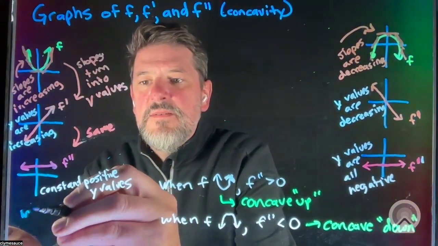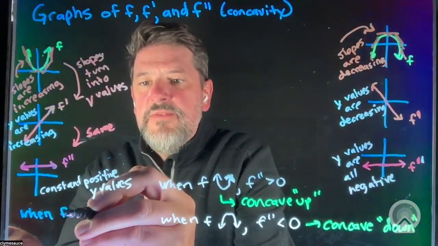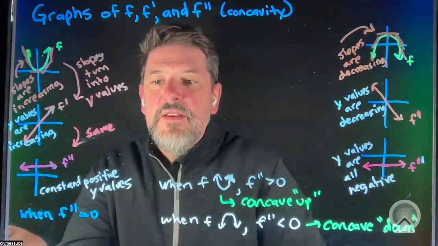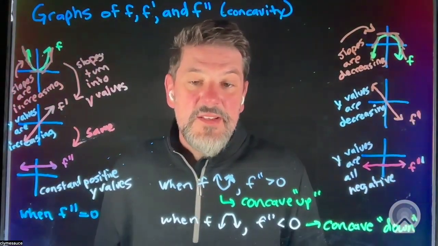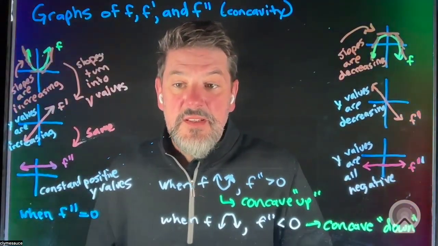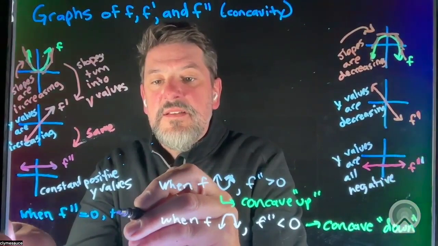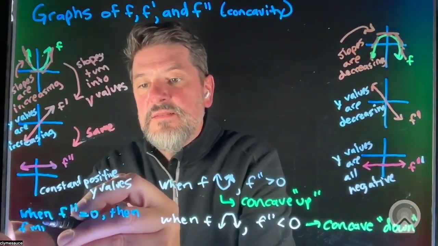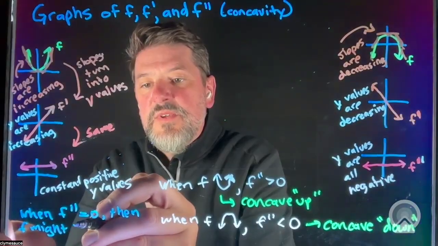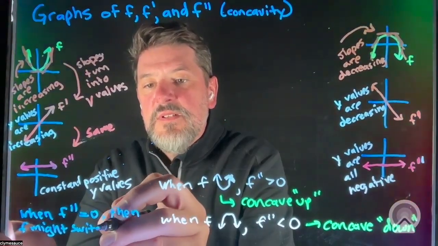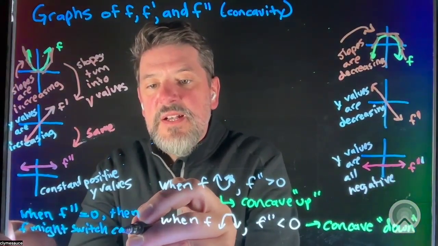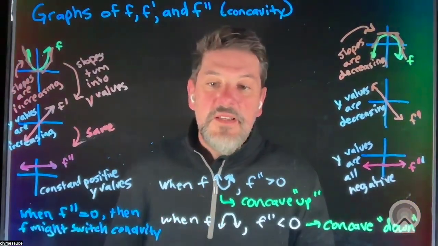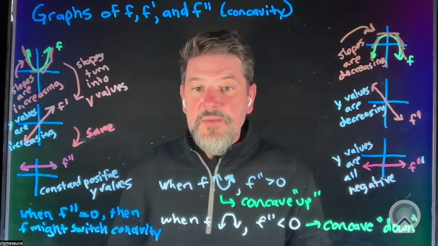So when f prime prime is equal to 0, then f might switch concavity. It's not a guarantee, but it's a possibility. So it might go from concave up to concave down, or concave down to concave up.